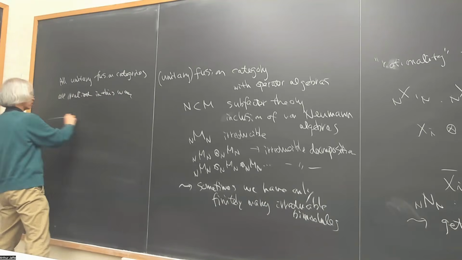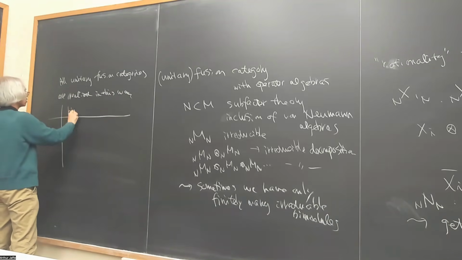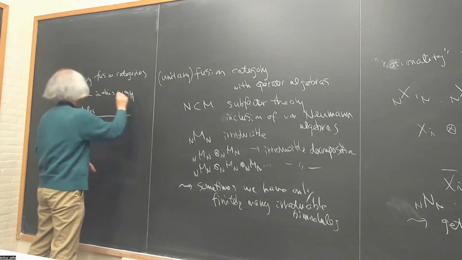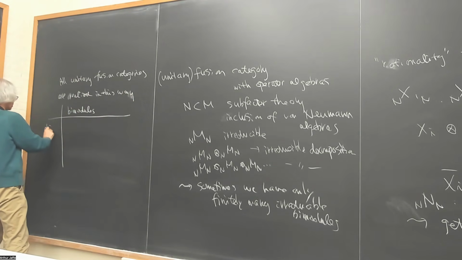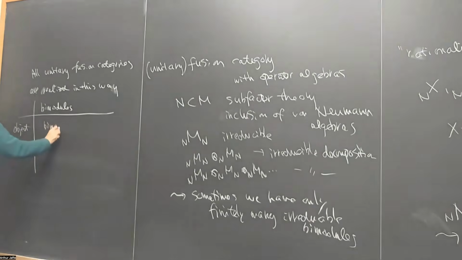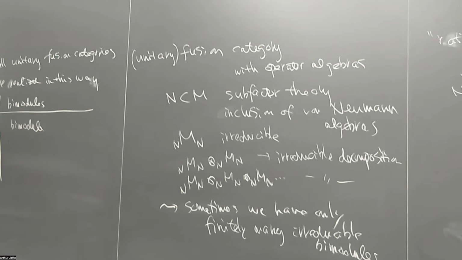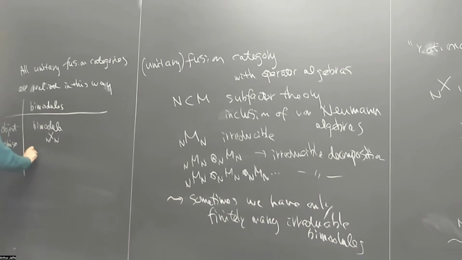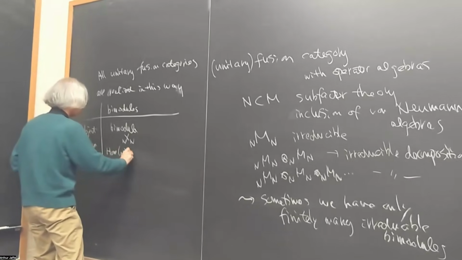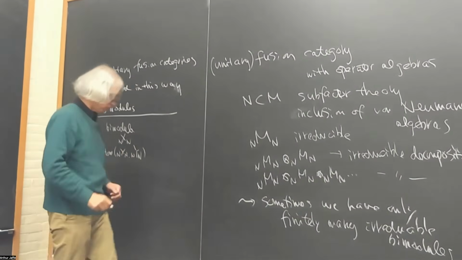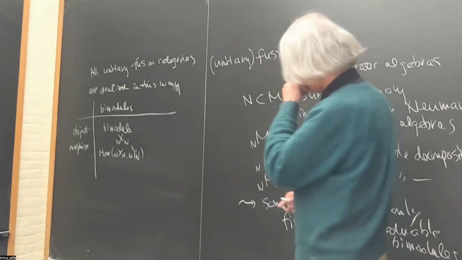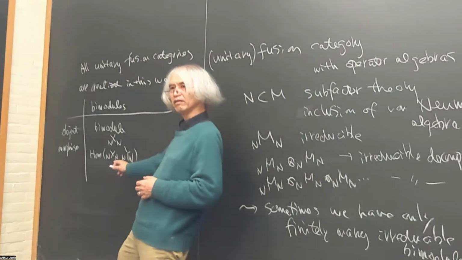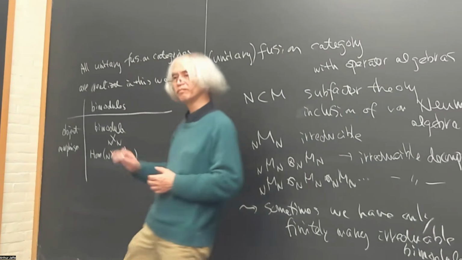So I draw some diagram. So the object is a bimodule and the morphism is a bimodule homomorphism, which means that we have a bounded linear map from this Hilbert space to another Hilbert space, and this has to commute with the left action and the right action.